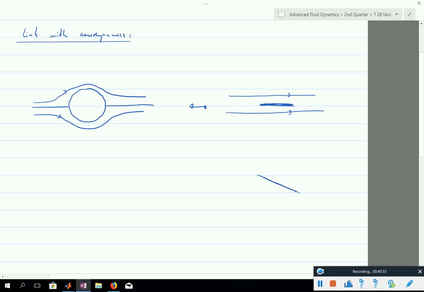This flow here, the flow around the cylinder with no circulation, is the same as the following flow. Just think of this as your airfoil.